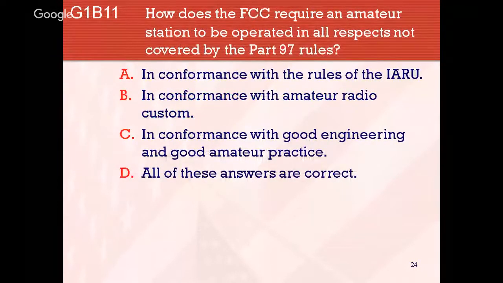How does the FCC require an amateur station to be operated in all respects not covered by the Part 97 rules? Again, this goes right back to good engineering and good amateur practice. C is your answer right there.